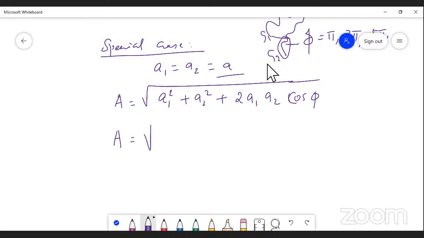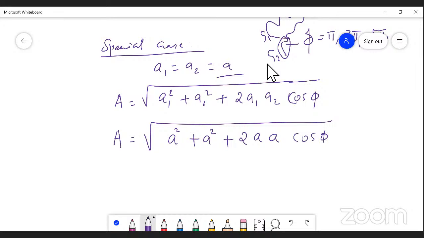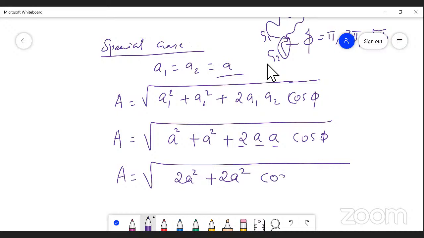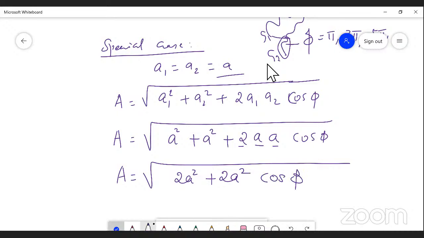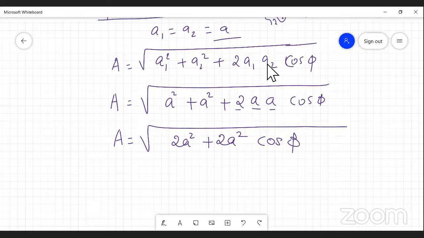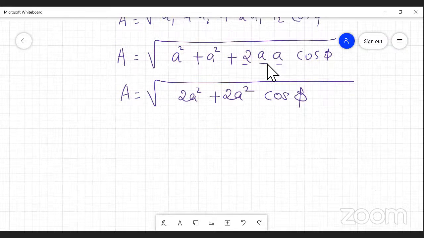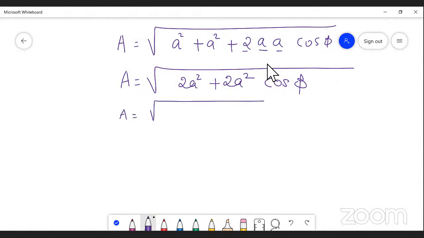So if A1 is equal to A2 is equal to A, what is the amplitude value? A is equal to the square root of A square plus A square plus 2 into A square cos phi, which is equal to the square root of 2A square plus 2A square cos phi.